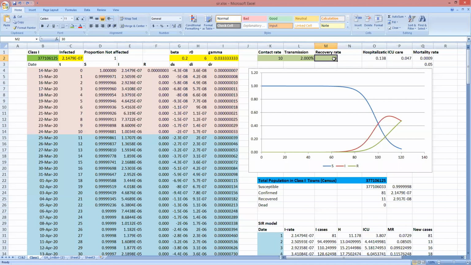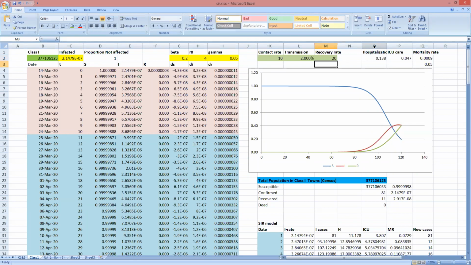So if recovery falls from 30 to 20, gamma will change. Let us see what happens now. You can see the peak will fall still further. So if the health system improves, the peak is going to fall.